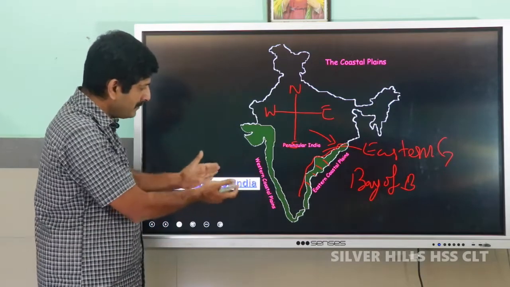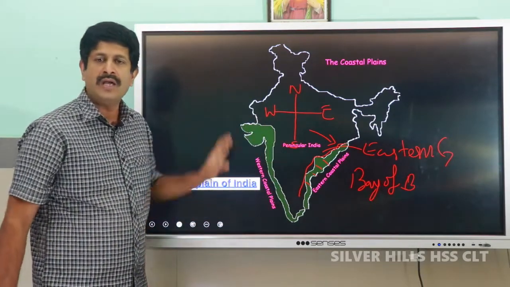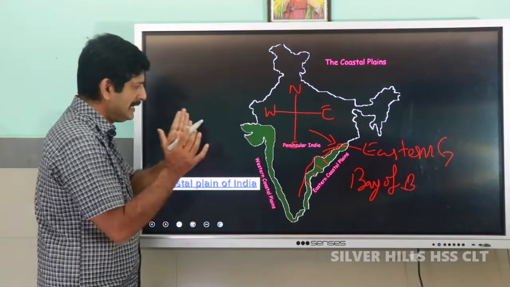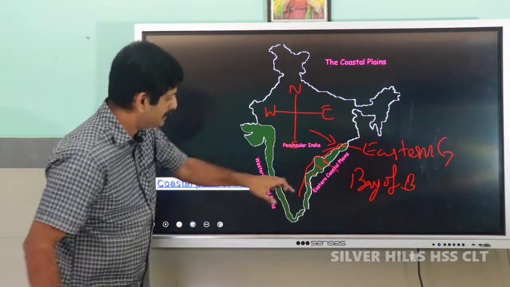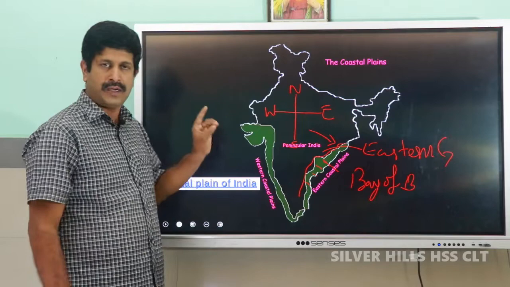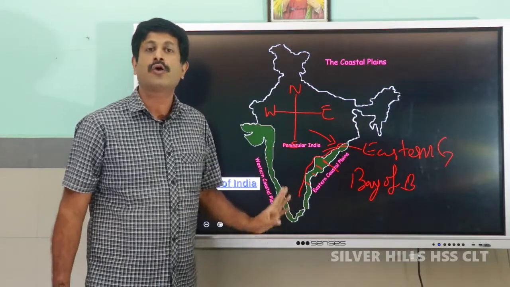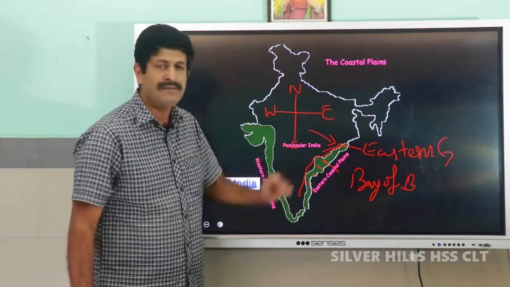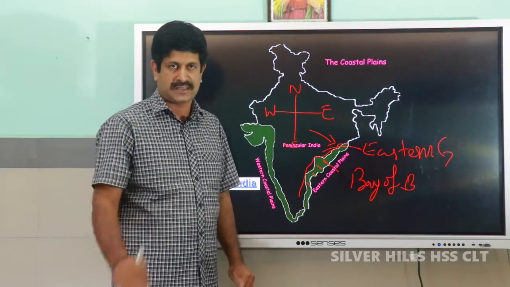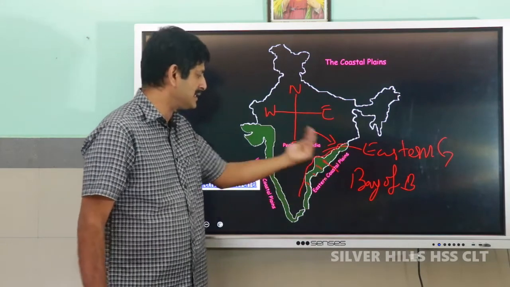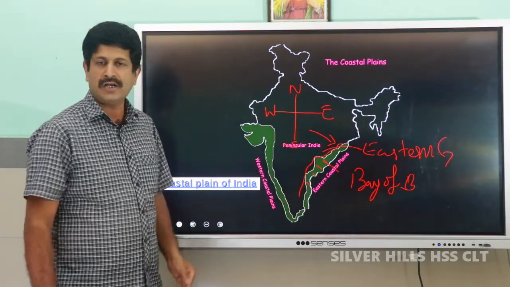It is broadly divided into two. One we call the Tamil Nadu coast or Coromandel coast. The second one is the North Circars coast.